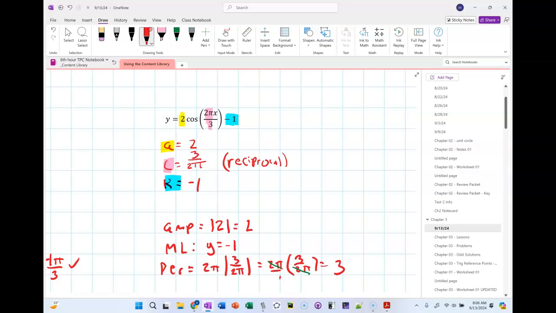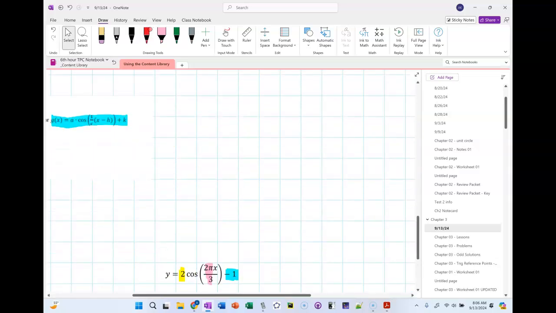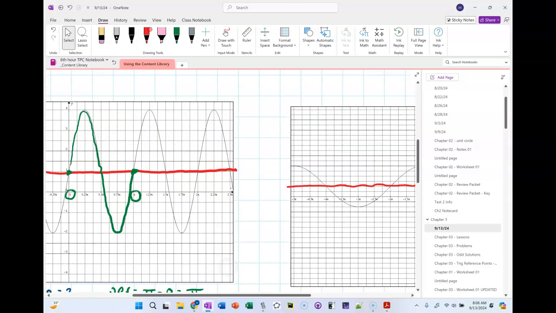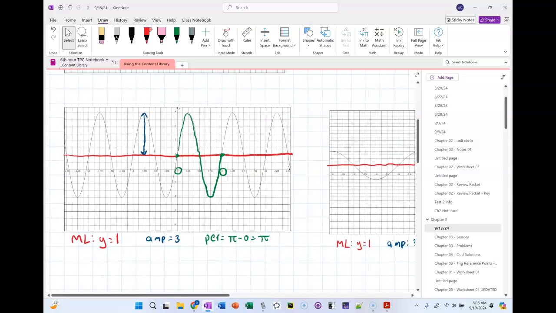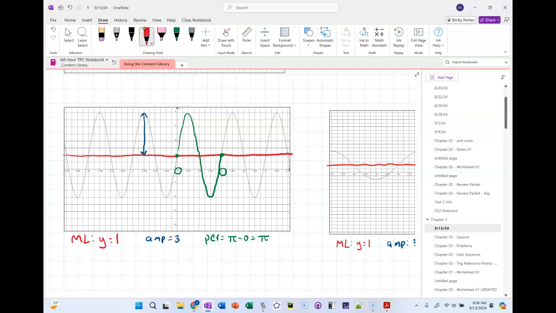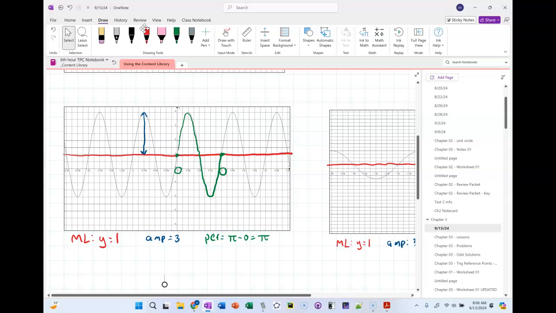One last thing. What if I want to go from my graph to an equation? Let's go back and look at those graphs that we did as examples earlier. So, let's say we have this. We've identified the midline as y equals 1, the amplitude is 3, and the period is pi.